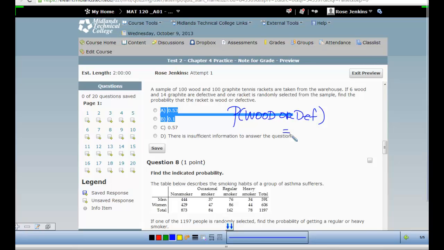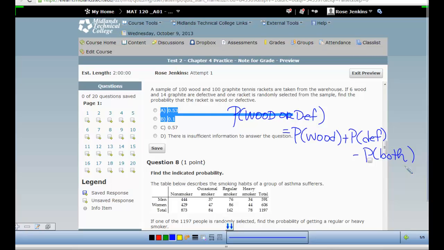We asked whether or not the events are mutually exclusive. We said no, they're not, because a single racket could be wood and defective. So the addition rule for events that are not mutually exclusive is the probability of wood plus the probability of defective minus the probability of both.